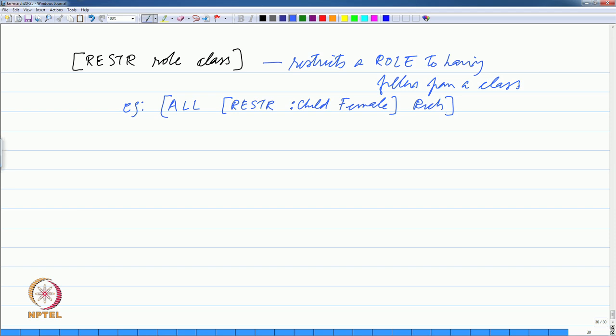This says that there is a class of people whose daughters are all rich essentially.